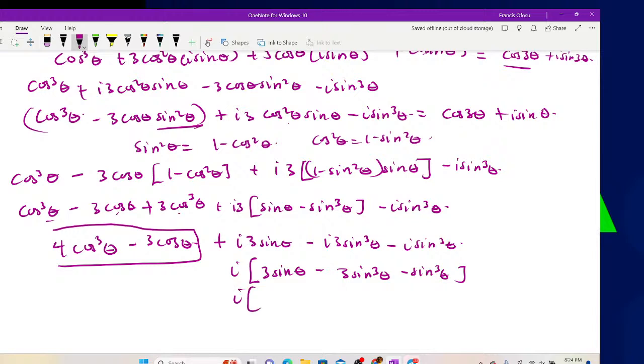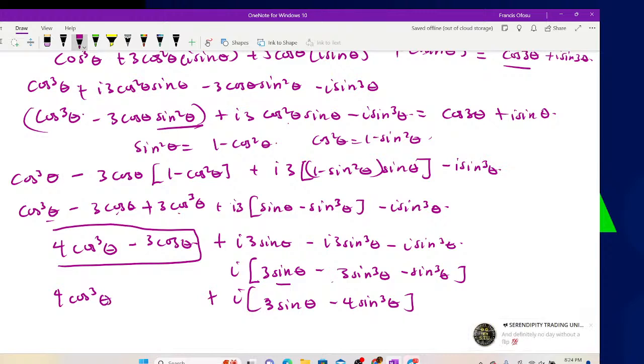So i out, this will stand there alone, 3 sin theta, but negative 3 sin cubed theta minus sin cubed theta will give us minus 4 sin cubed theta. Then we can clearly see that we have decomposed them into only cosine and sine, right? So see, this is equal to cos 3 theta plus i sin 3 theta.